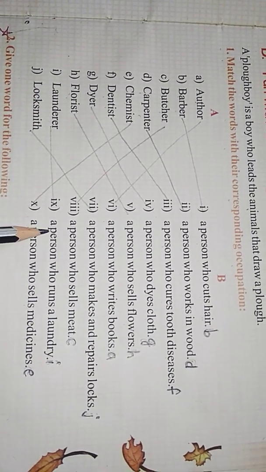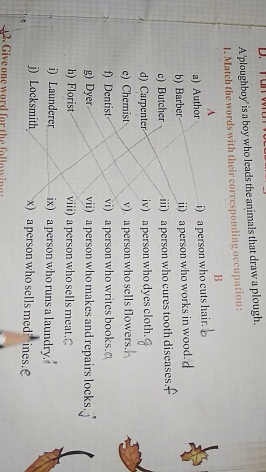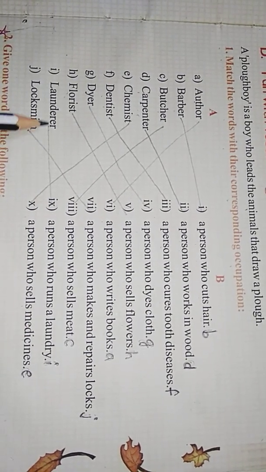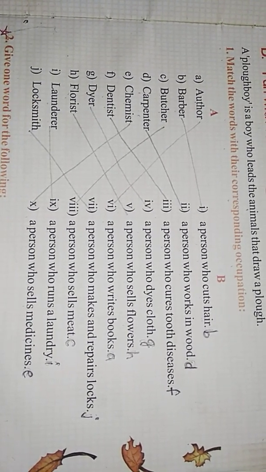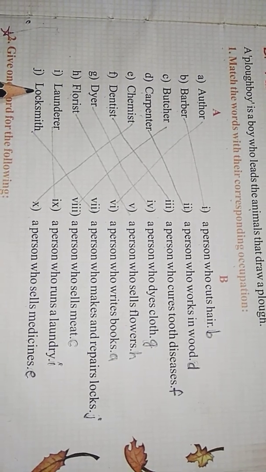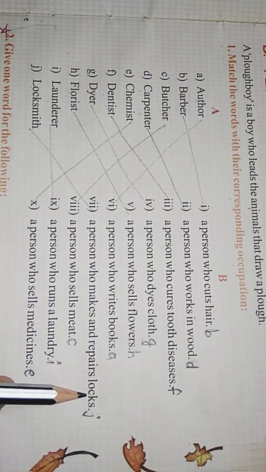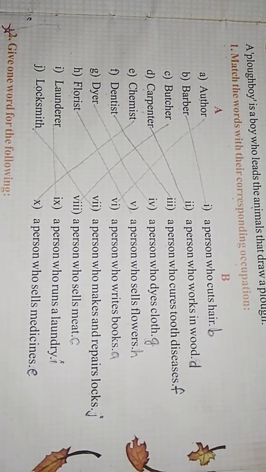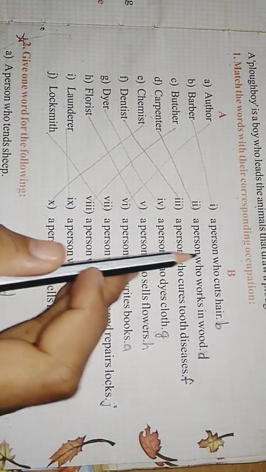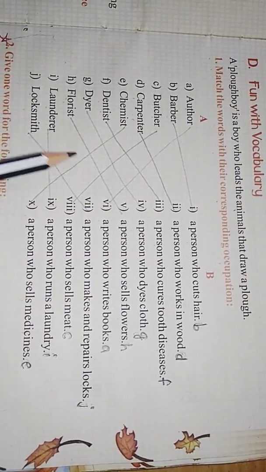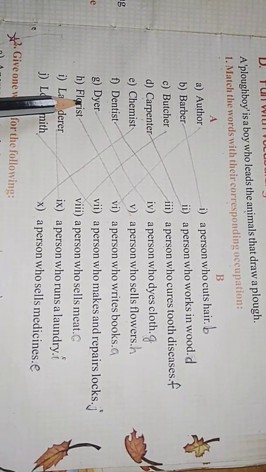Launderer. A person who runs a laundry is known as launderer. Locksmith. A person who makes and repairs lock is known as locksmith. So hope you all have learned the correct occupations and you have to match them with the correct one.